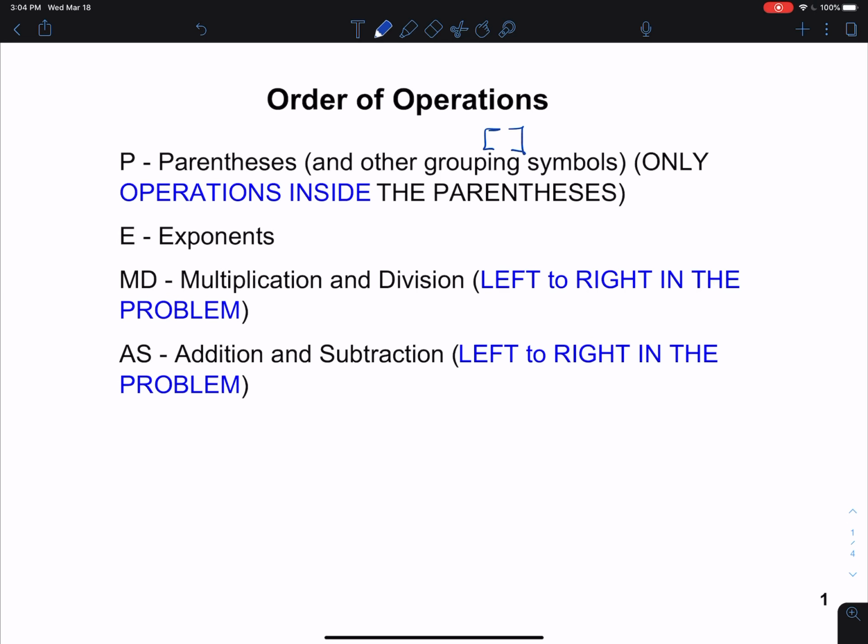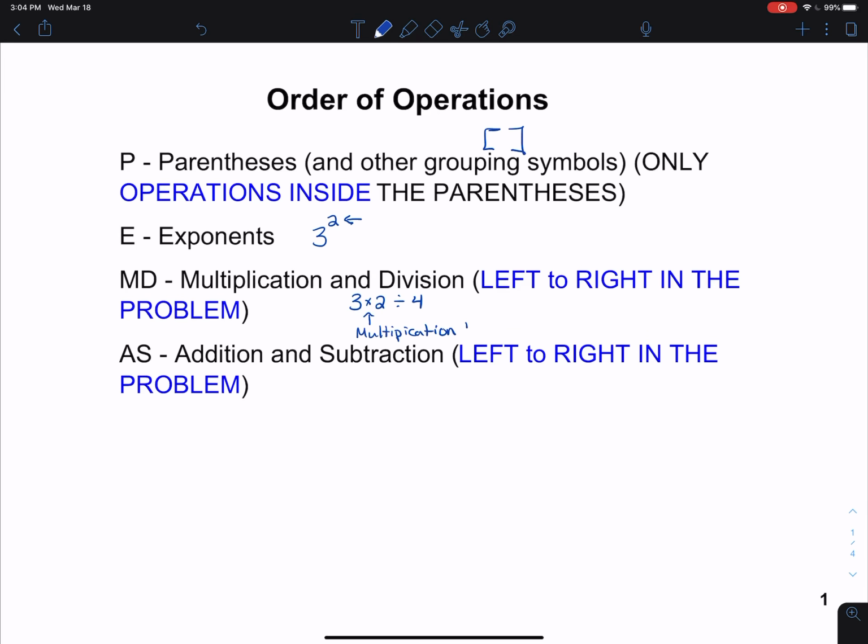E stands for exponents. So that's anything like 3 squared, where we have that small number up top. That's our exponent. M and D go together. They're multiplication and division, and we go left to right in the problem. So if we had something like 3 times 2 divided by 4, in this problem, we would do the multiplication first.